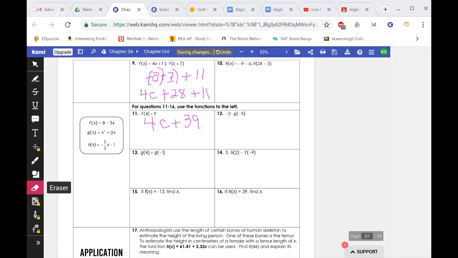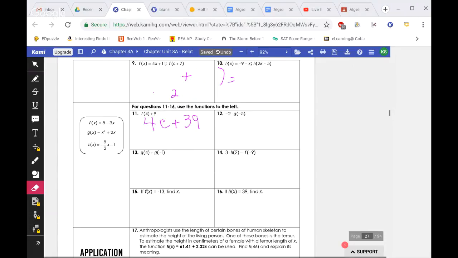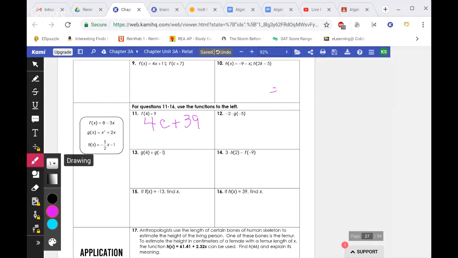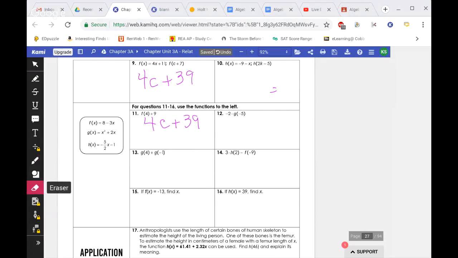And you can't go any further because you can't combine any more terms or anything like that. So basically, no matter what it says, all you're doing with that value is plugging in the actual value. So the answer was 4c plus 39.